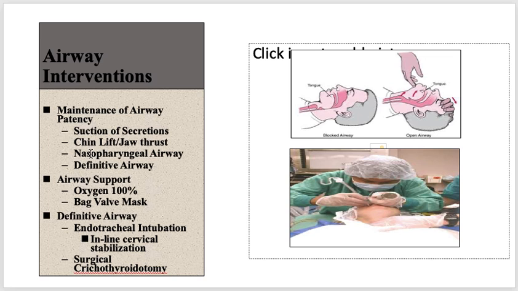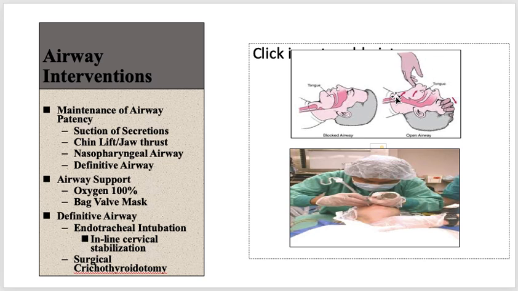And see, then we can put them on a nasopharyngeal airway or a definitive airway. We can give them oxygen. We can give them bag valve mask, or we can do endotracheal intubation. What is endotracheal intubation? Passing a tube from the mouth and going into the trachea. So that is the endotracheal tube. Simply, that tube is taking the air directly into the lungs, right?